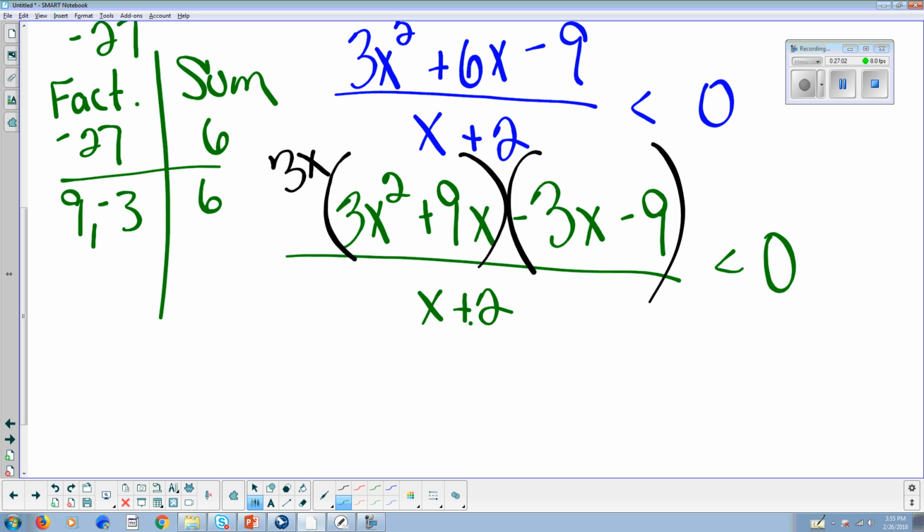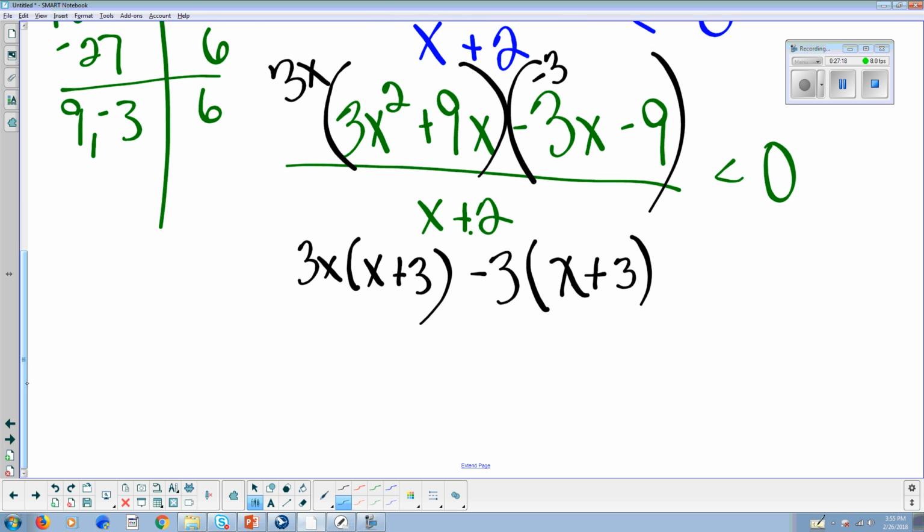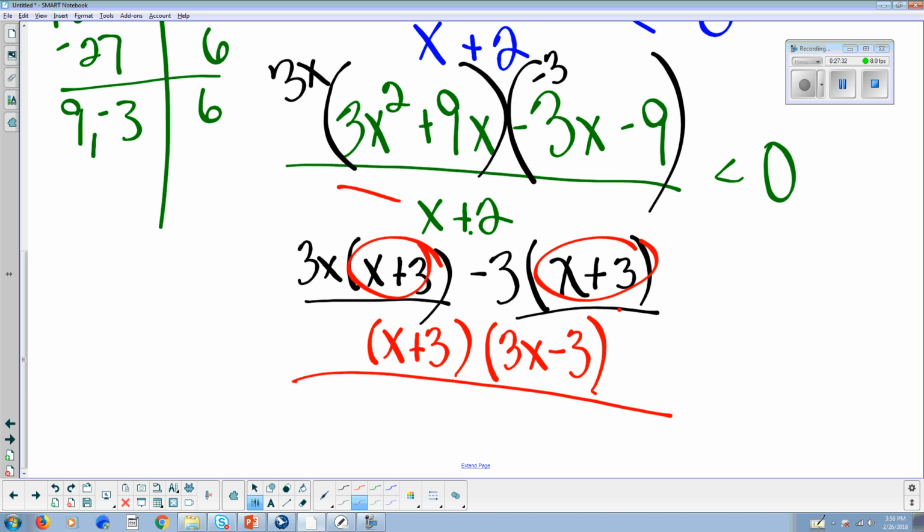So factoring this out, I'll get 3x times the quantity x plus 3. In the second group, there's a GCF of negative 3. So if I factor out negative 3, that leaves me with x plus 3. Then if I finish factoring the numerator, x plus 3 is in common in both terms. So x plus 3 factors out, and I'm left with 3x minus 3, all over, don't forget your denominator, x plus 2.